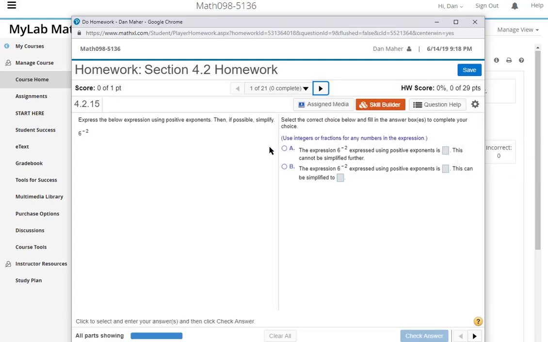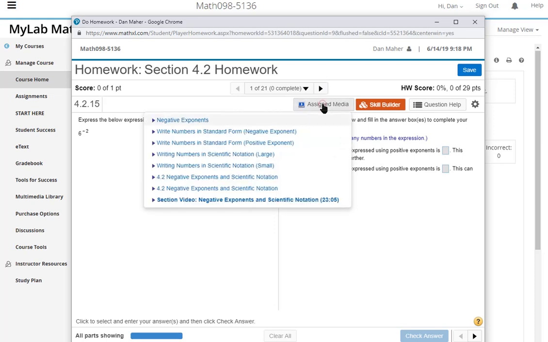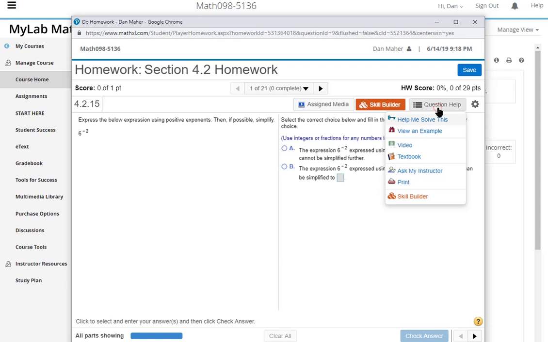It is very doable to get 100% on all your homework, because if you get the wrong answer, it'll say, no, that's not correct. Would you like another one? And you can attempt. But here is some things. Here's assigned media that's attached to this group right here, which I was showing you. And you can do question help, which is help me solve this.